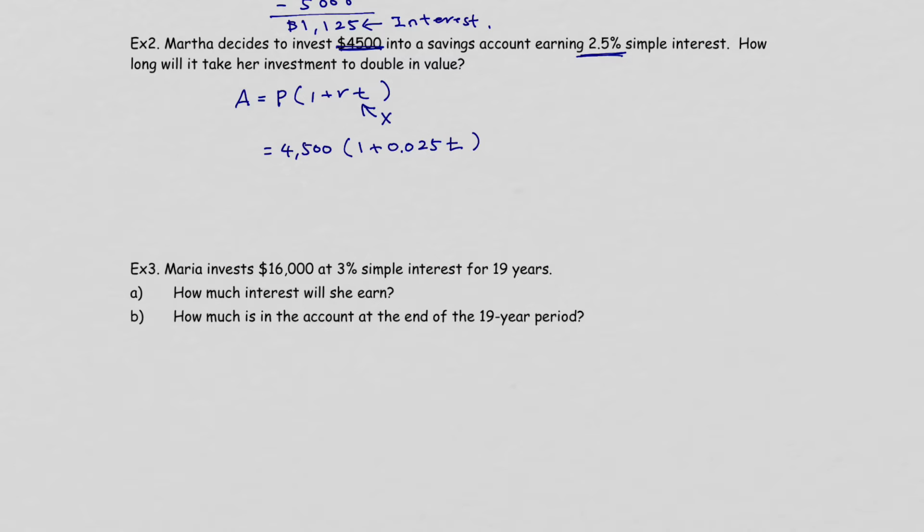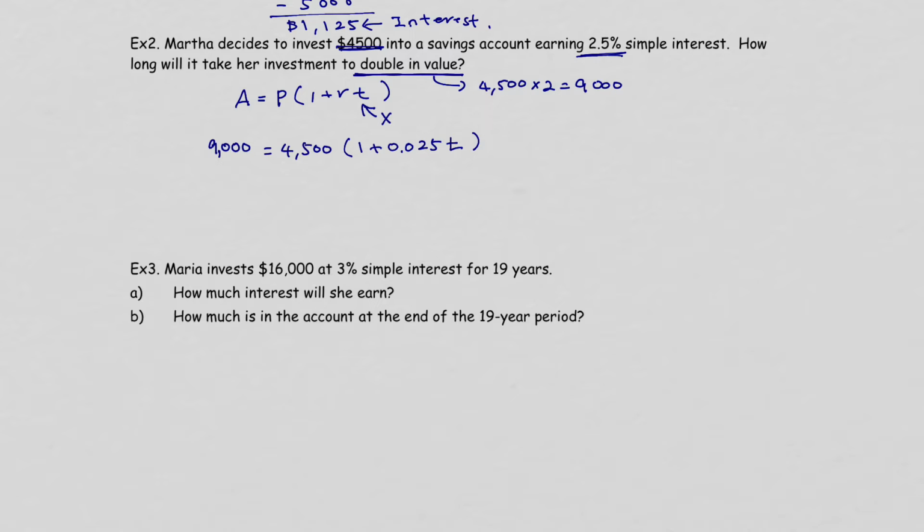It means we need to know what A is equal to, and it's a double in value. So how much do you get when you double 4,500? You should be able to multiply to find your double amount, and that will be your A.